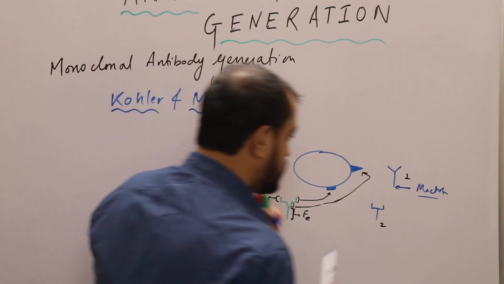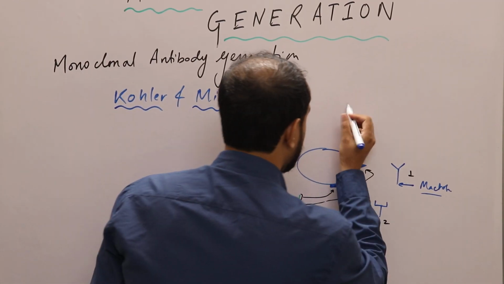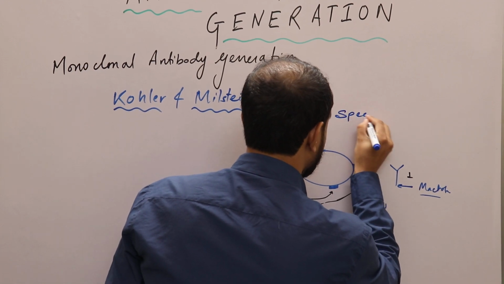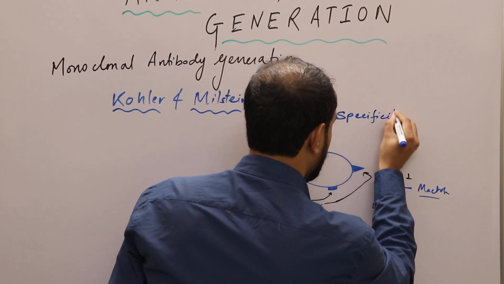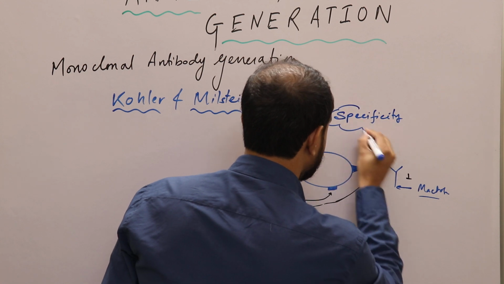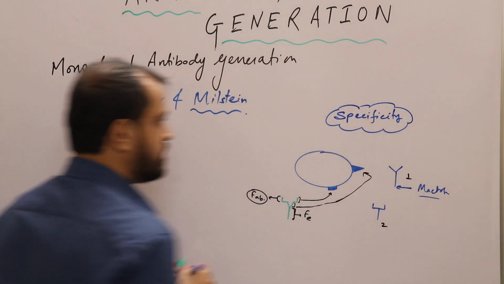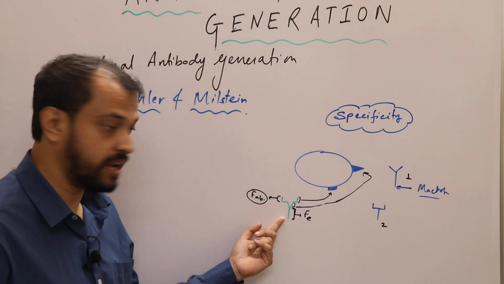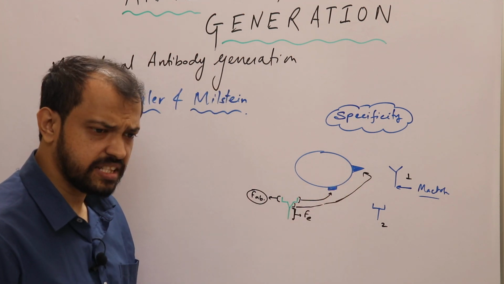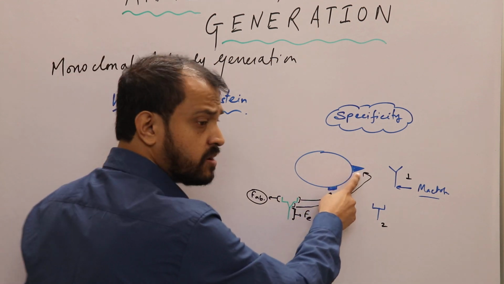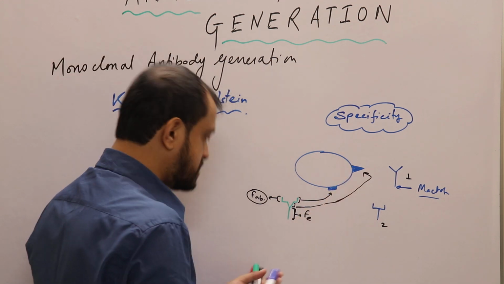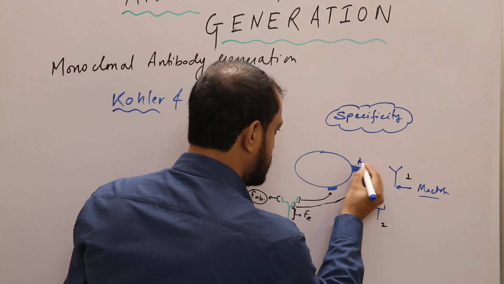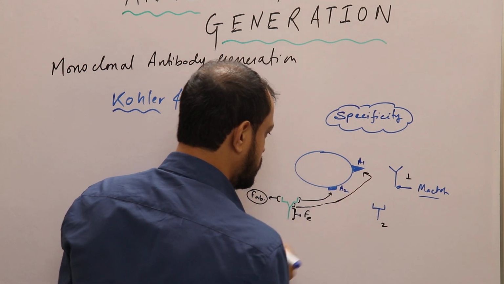But when we talk about specificity, listen with all your attention. When this term specificity comes into an antibody lecture, then polyclonal antibody is not suitable. Why? Because they can bind with both. There is no specificity for this particular antigen. Suppose this is A1 and this is A2, okay?